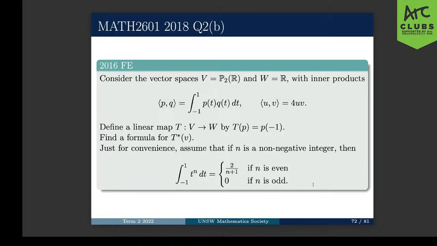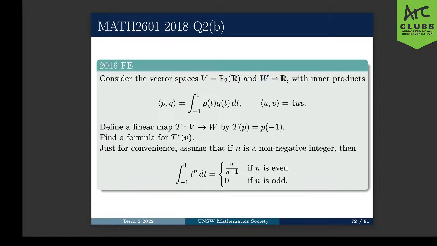All right, so let's try to apply the concept of adjoints to this example here. It's a very thick question. Let's say V is the space of real polynomials of degree 2 or less. I should say real coefficients.